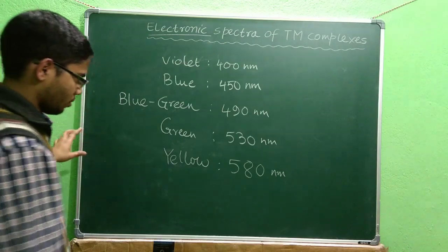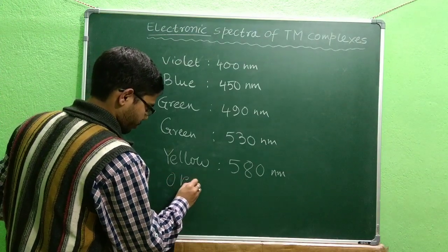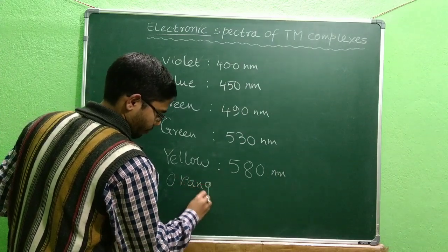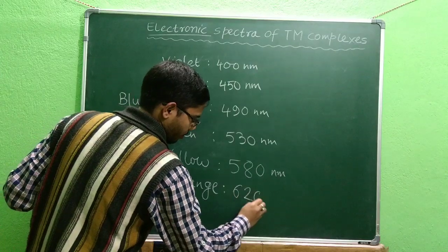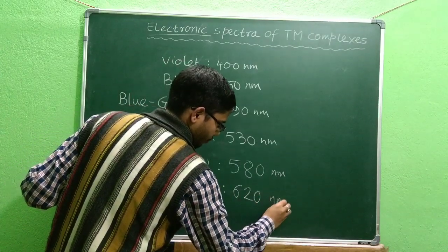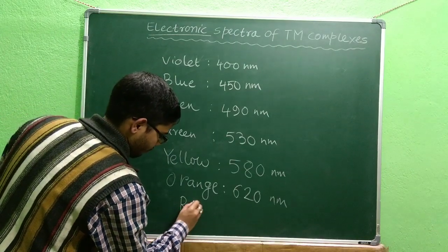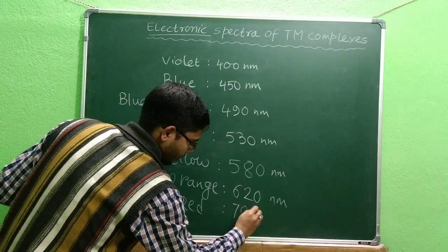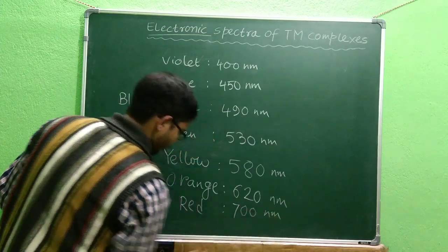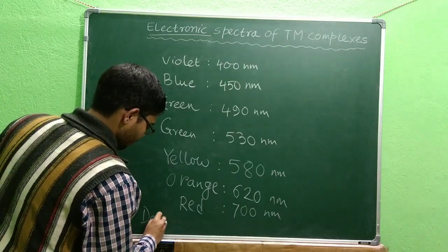Orange, 620, and red, 700 nanometer, and deep red I already mentioned.